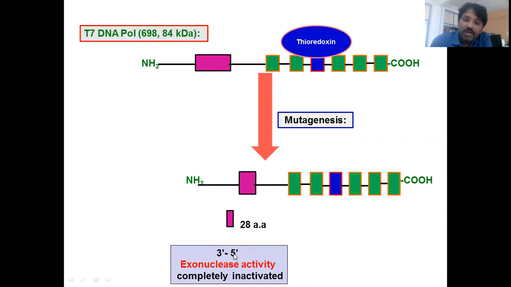So 3' to 5' exonuclease activity is completely inactivated because of mutagenesis, where the 28 amino acid encoding DNA is completely lost from its gene.